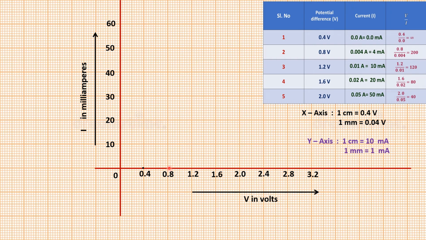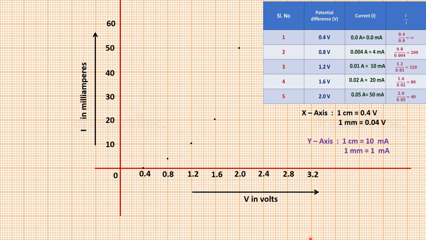Next, for 1.2 volts, 10 milliamperes here. And for 1.6 volts, 20 milliamperes here. And when the potential difference between the anode and cathode is 2 volts, then how much current is passing through the LED? It is 50 milliamperes.